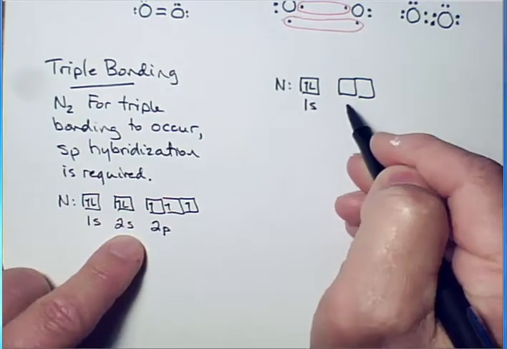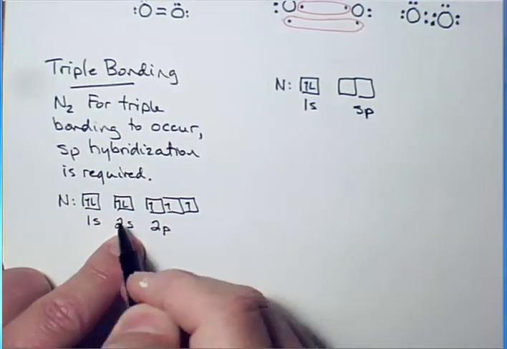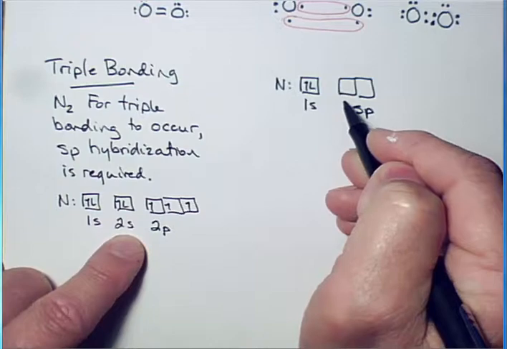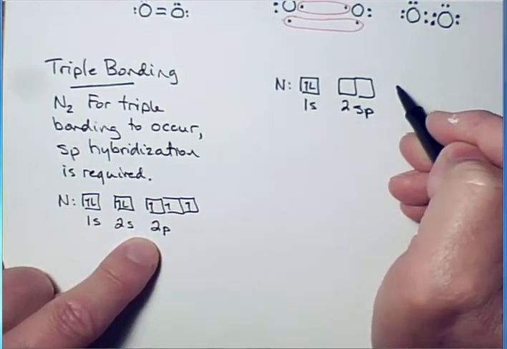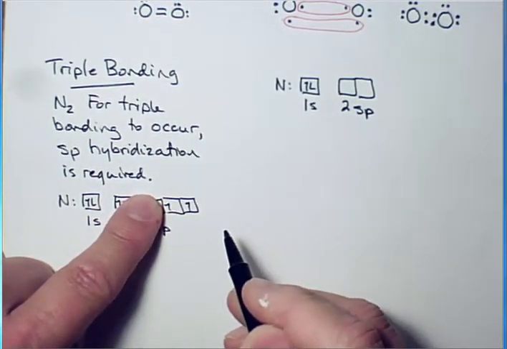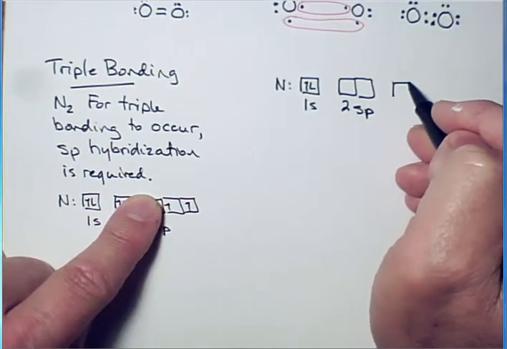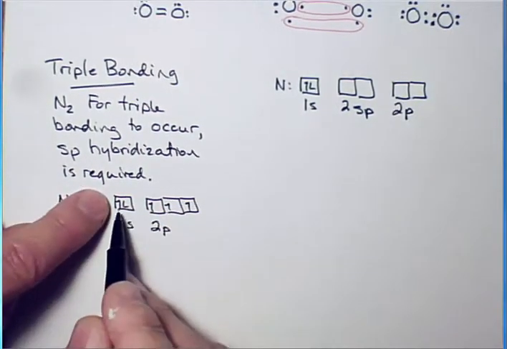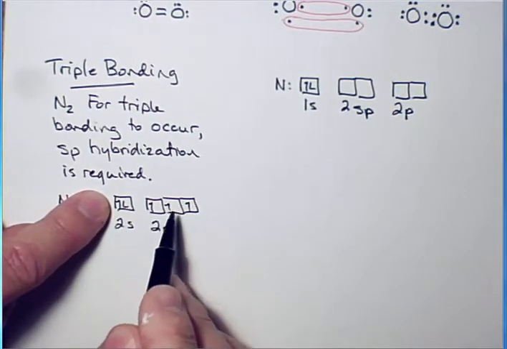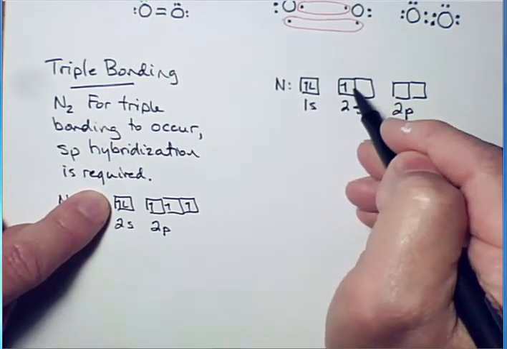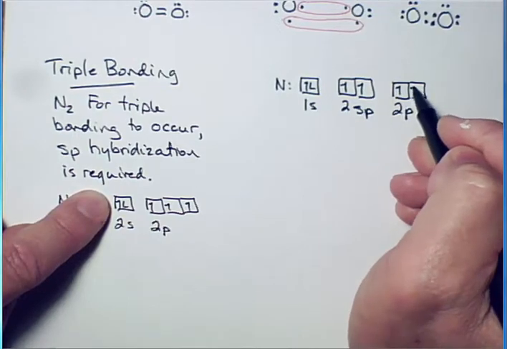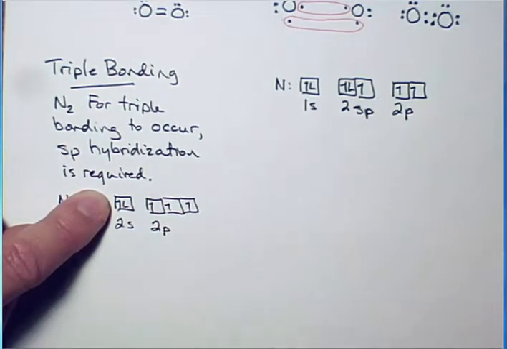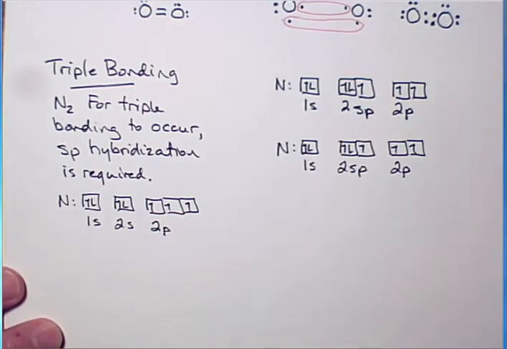So we're going to join them together. And so this is sp. 1s and 1p makes sp. It's in the second level. And then we've got two p orbitals we didn't mess with. We didn't hybridize those. So they're going to be together over here, and this is 2p. And we count all the electrons, 1, 2, 3, 4, 5. Put them in there one at a time, and come back and pair them up as needed.